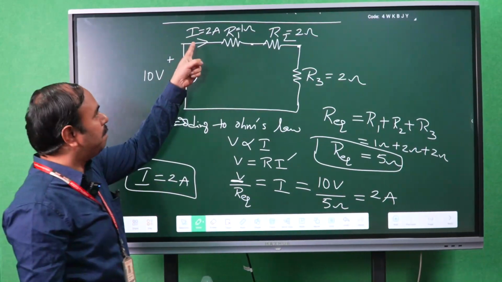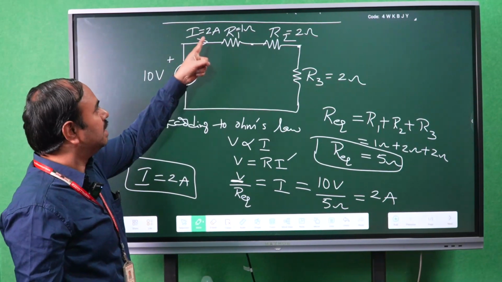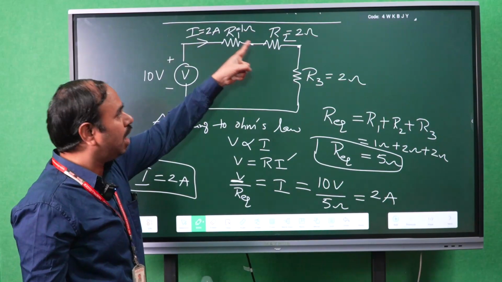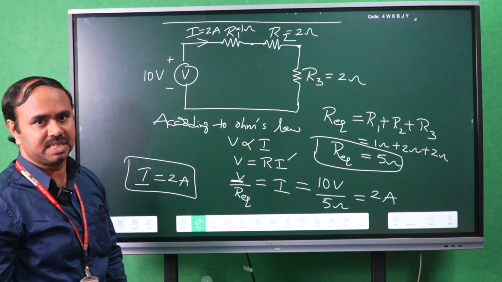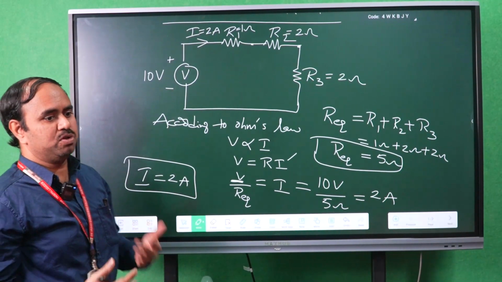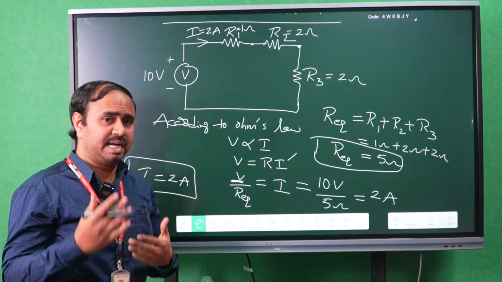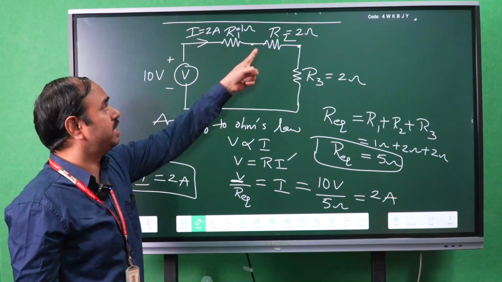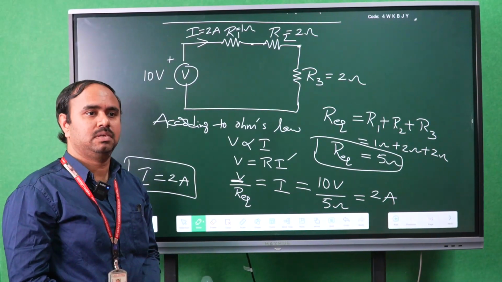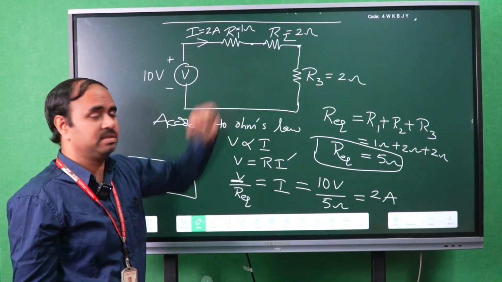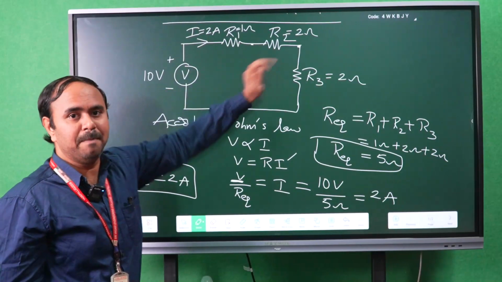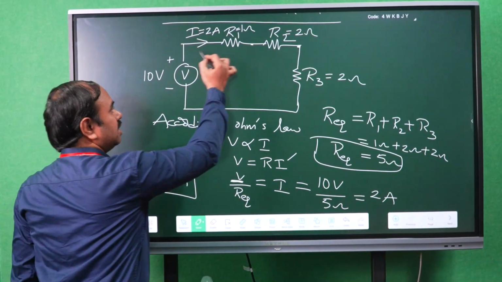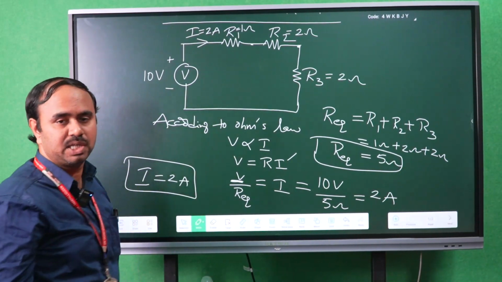The same 2 amperes current is flowing in the resistances R1, R2 and R3. For example, if the question is, what is the current flowing in R2 resistance? 2 amperes. Why? Because the circuit is a series circuit.